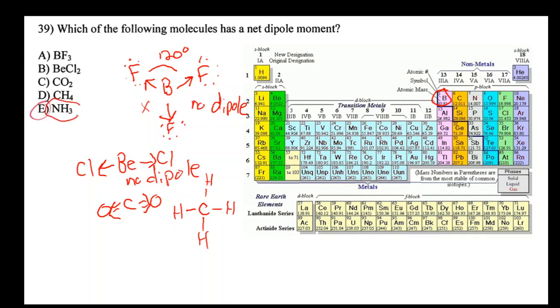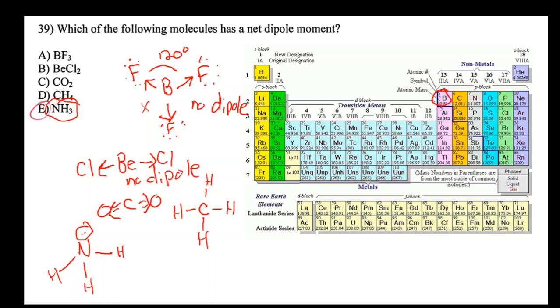So NH3, if you drew it out, would look something like this. You have nitrogen with the lone pair of electrons, and a hydrogen here, here, and here. It's hard to visualize, but the lone pair would be at the top, and then three-dimensionally, the hydrogens would be like a 3-sided pyramid pointing down.